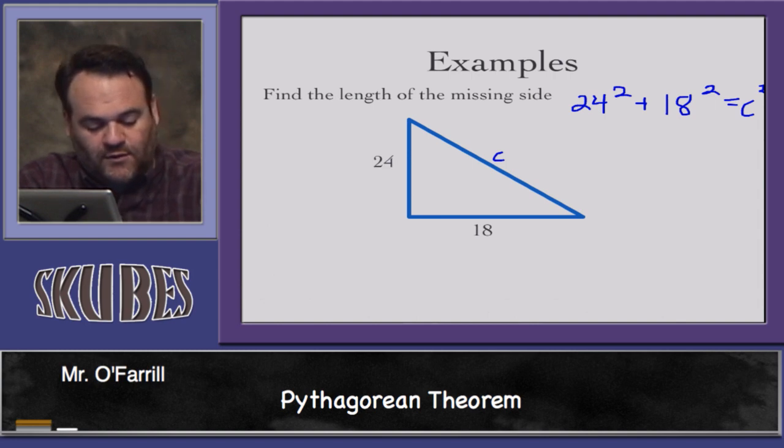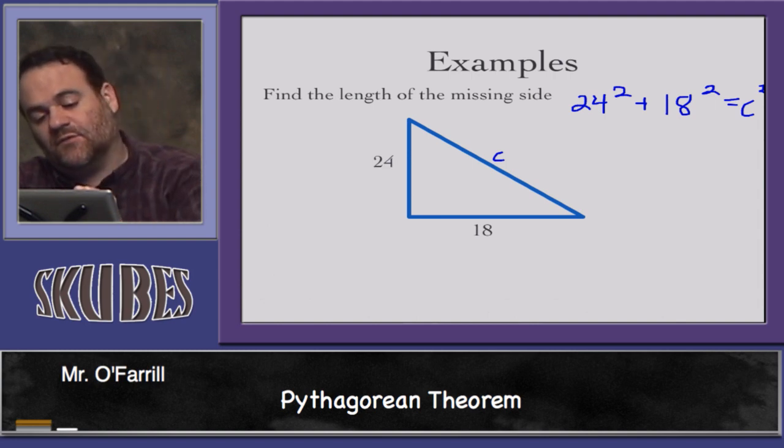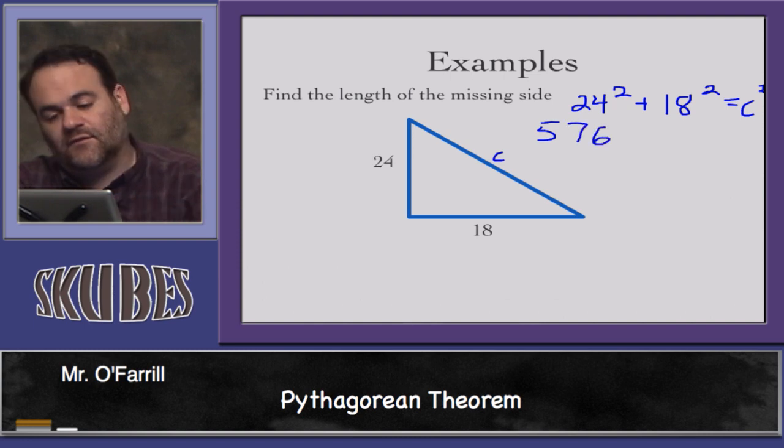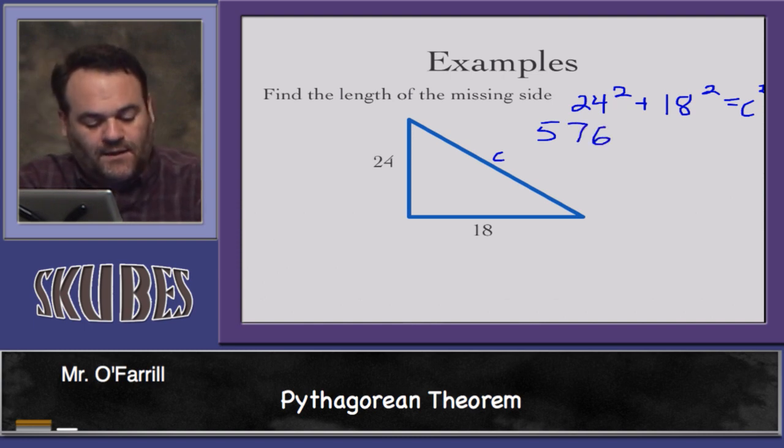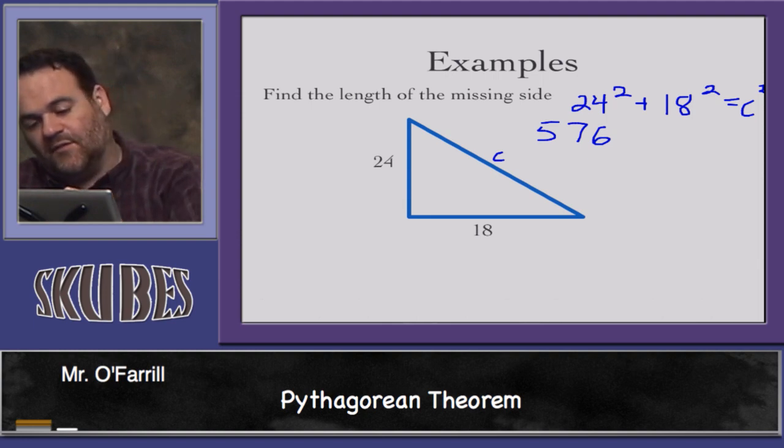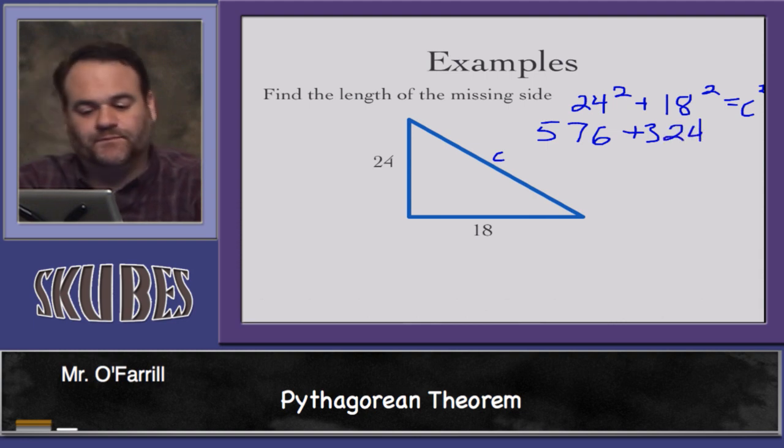So 24 squared, or 24 times 24, is 576. And 18 squared, or 18 times 18, is 324.